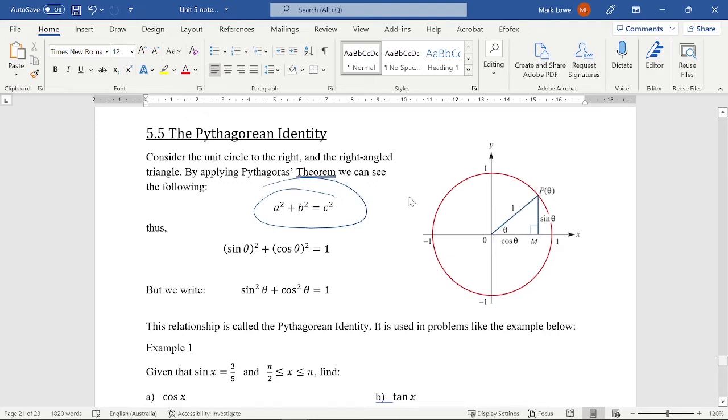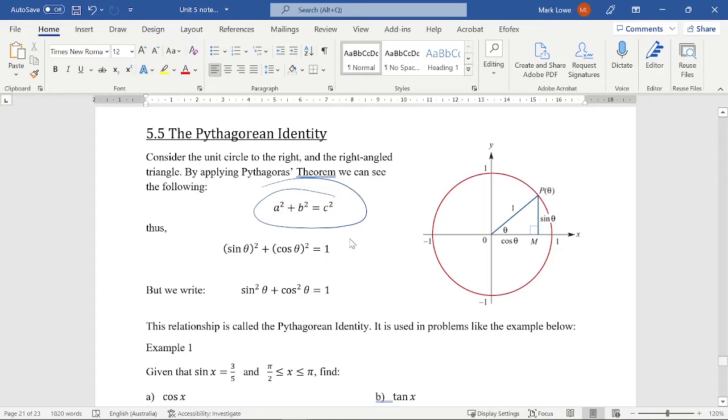If we apply that specifically to this right angle triangle, our a and our b are those two side lengths, cos theta and sine theta. So applying Pythagoras' theorem, we have cos theta squared plus sine theta squared. That will equal our hypotenuse squared, and our hypotenuse is 1 unit, and 1 squared is 1.